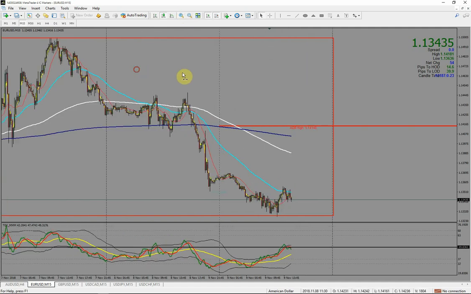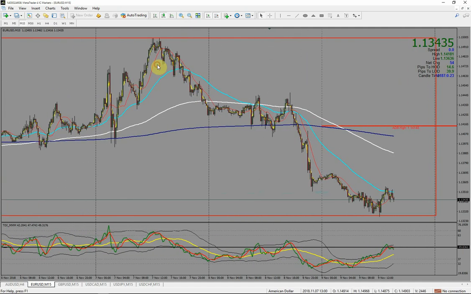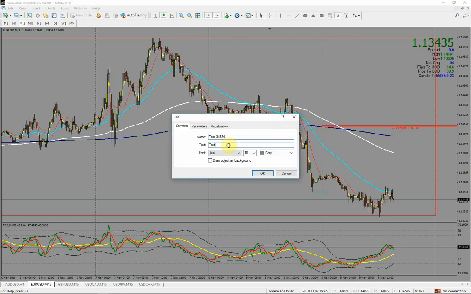So for you to have the conviction of taking this position, you should first see the 3 and 13 moving average crossover. So let me just do that. Let me just type it real quick. It's gonna be 3 and 13 EMA crossover.